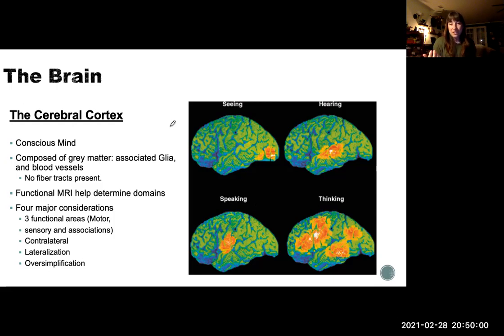The sensory cortex is going to be the part of the cerebral cortex that receives sensory information from your sensory organs, right? From your skin, your eyes, your ears, and your internal organs as well. And then the association regions are kind of like middlemen in between the cerebral cortex and the midbrain.